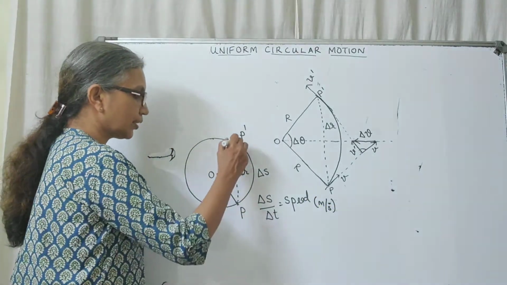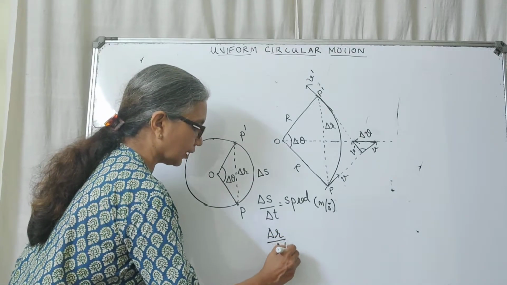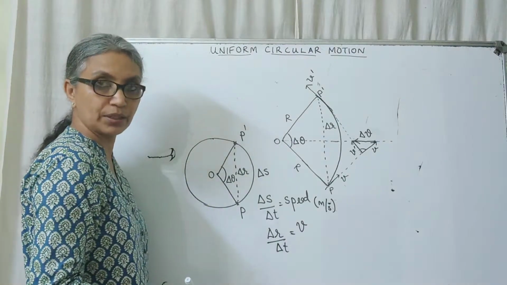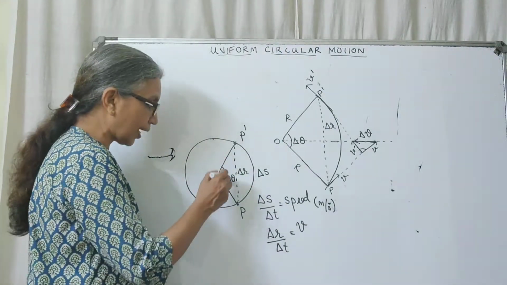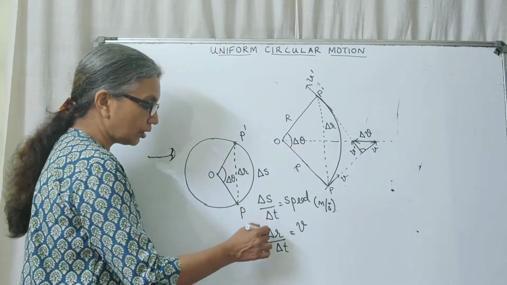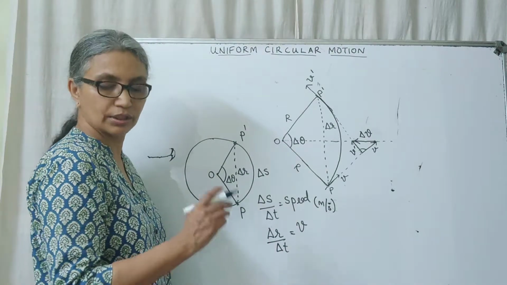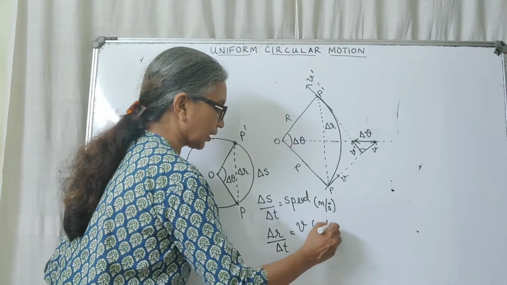We also know that the displacement of the particle, that is delta r by delta t, is what we have as the linear velocity of the particle. This is linear displacement, this is angular displacement. So linear displacement by time we have as linear velocity, which is also given in meter per second.